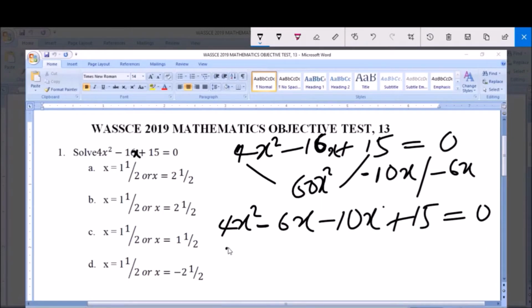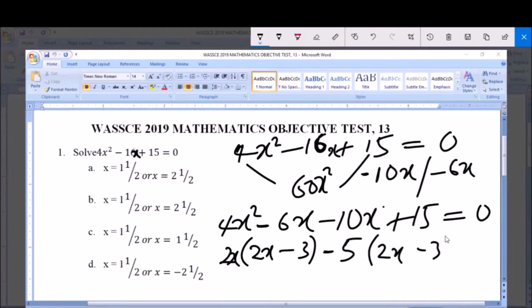The common factor here is 2x into 2x minus 3, and then the common factor here will be 5 into 2x minus 3 equals 0.